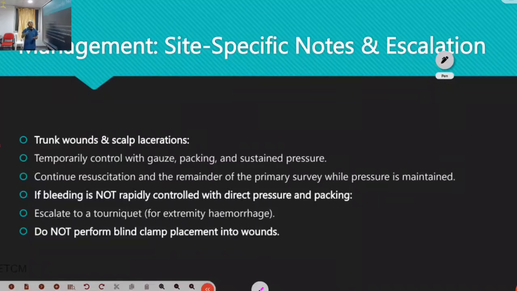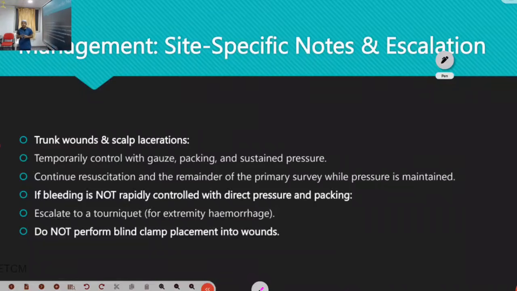So the first step is to take the sterile gauze pieces. If you are seeing a patient who has massive external bleeding, take the gauze pieces and apply direct pressure over the injured site where there is severe bleeding. We have to apply direct pressure for a prolonged period of time, and in case of deep wounds or lacerations, we can do wound packing.